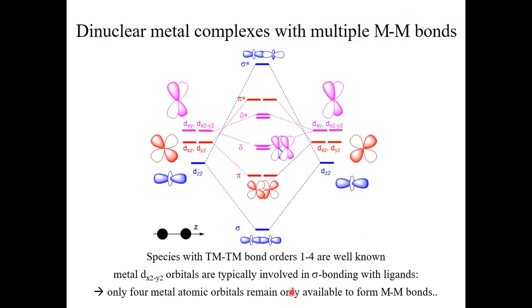So only 4 metal atomic orbitals are available to form metal-metal bonds.